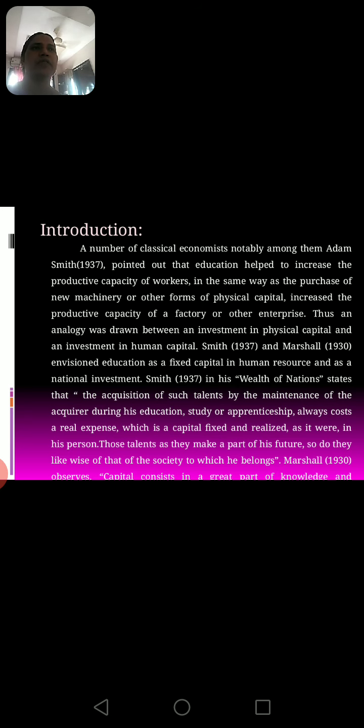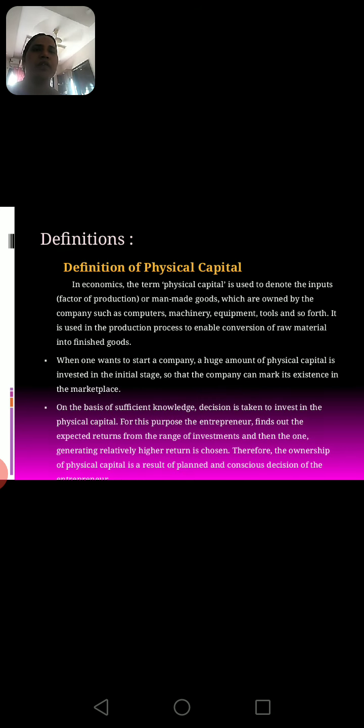What is the definition of fiscal capital? In economics, the term fiscal capital is used to denote the inputs. Inputs means factors of production. We know how many there are. There are 4 factors of production in our economics: land, labor, capital, and organization.